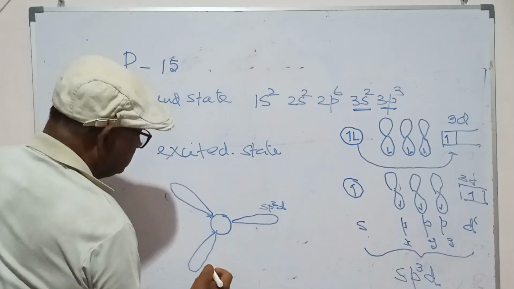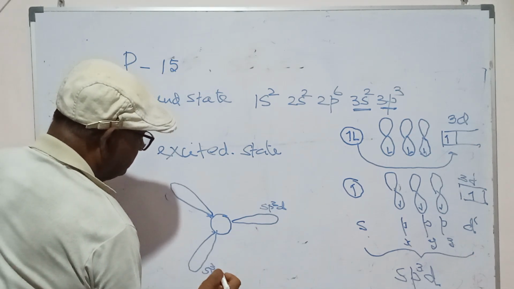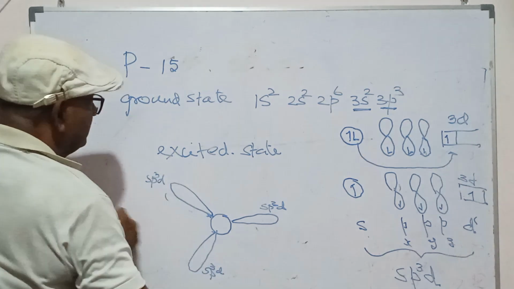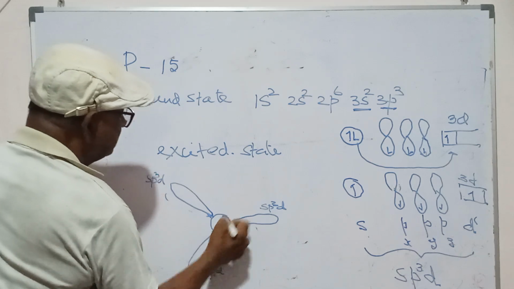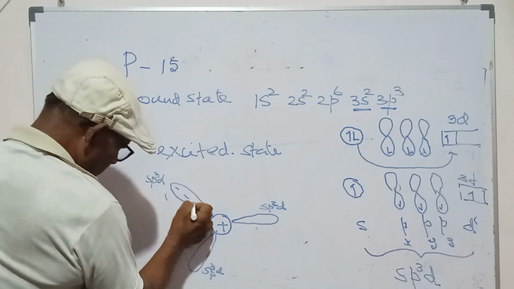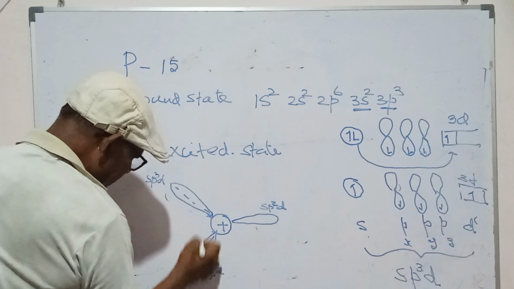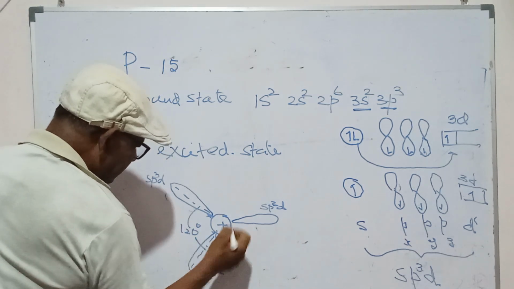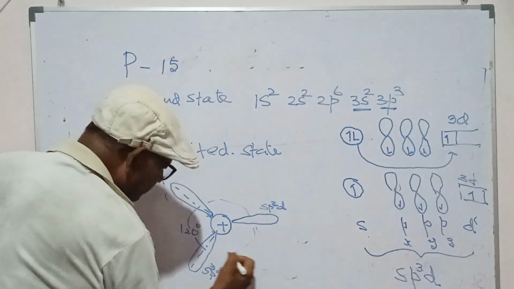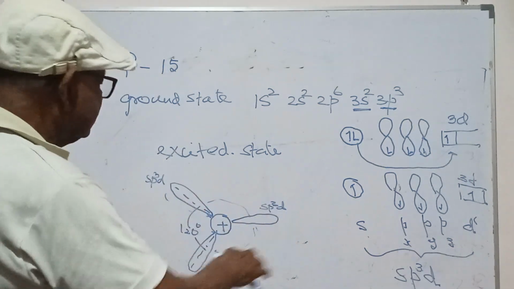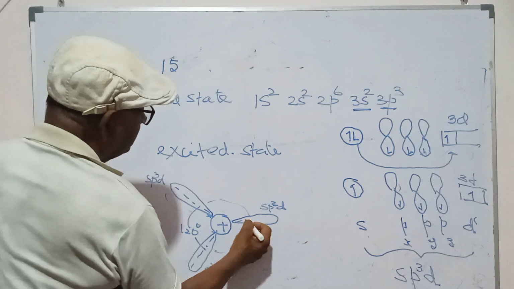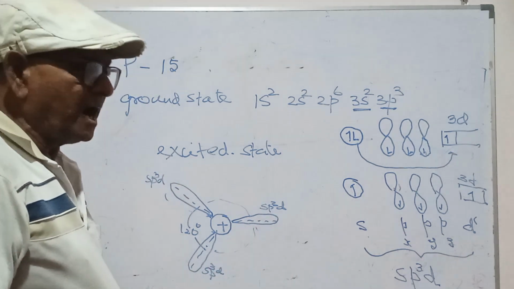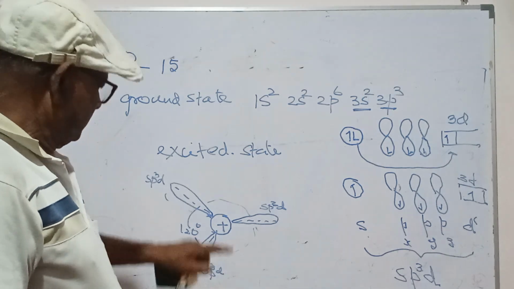sp3d, sp3d. This also sp3d. This is the nucleus. So the angles are 120, 120, in the same plane. Do you remember the sp2 hybridization of the carbon atom also?